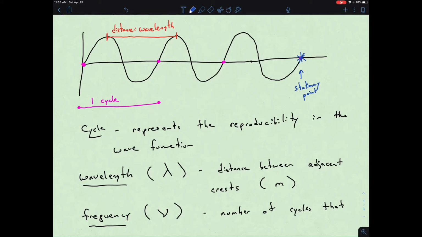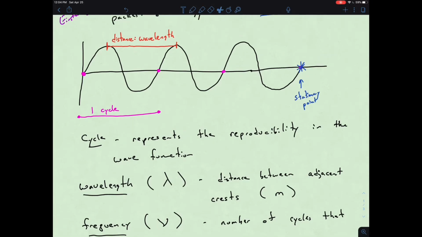And so it's how many of these cycles or these purple dots actually go by that stationary point or that blue star every single second. So we have our cycle, which is the reproducibility, the symmetry of the wave. We have distance from crest to crest. That's our wavelength. That's in some form of meters. And then we have frequency, which is basically almost how fast it's going, if you will. How many cycles pass by a stationary point every second.